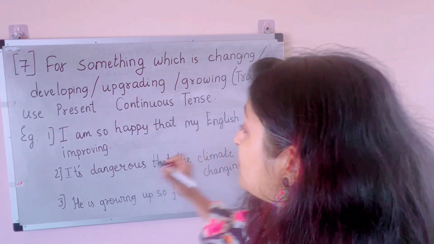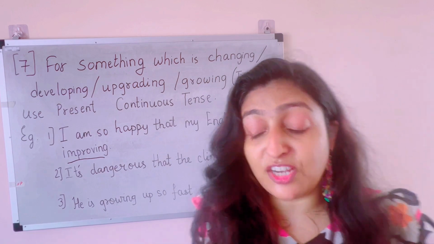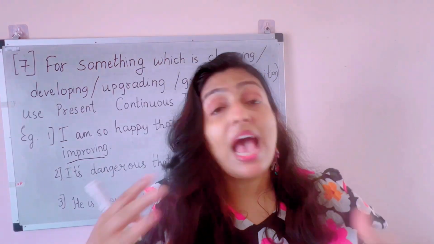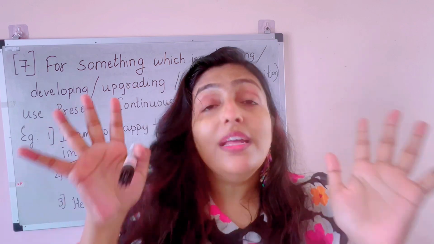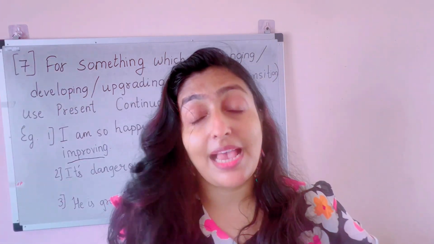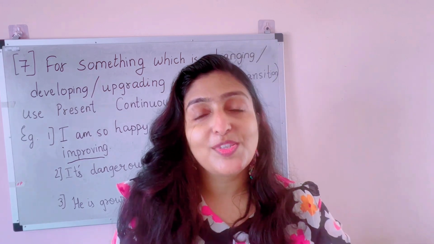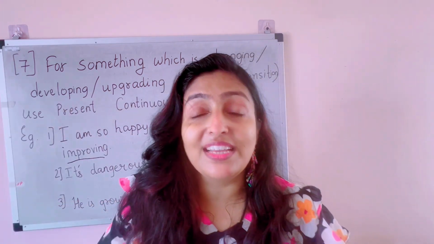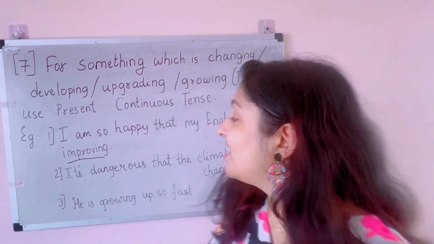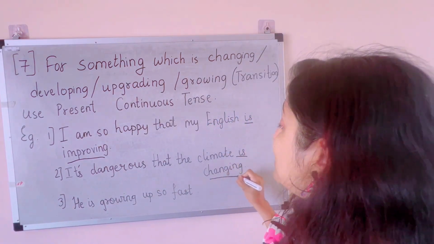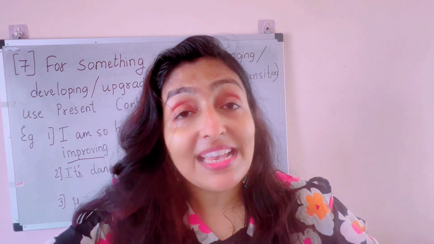Look at this sentence. It is in present continuous. Why is it in continuous form? Because I have still not achieved that perfection. I'm still in that process. I'm still in the passage. But I'm happy that it is improving. It is in the process. Second is, it is dangerous that the climate is changing.